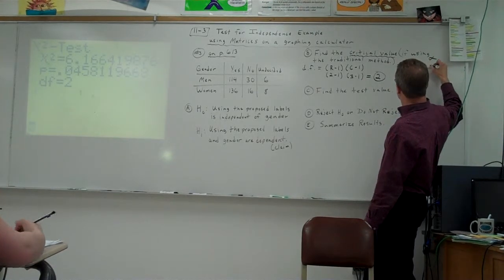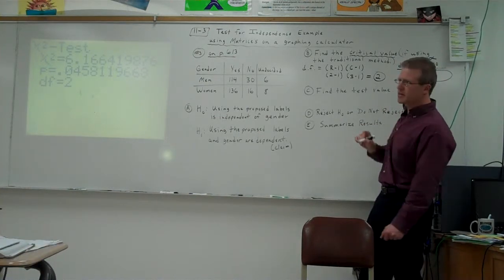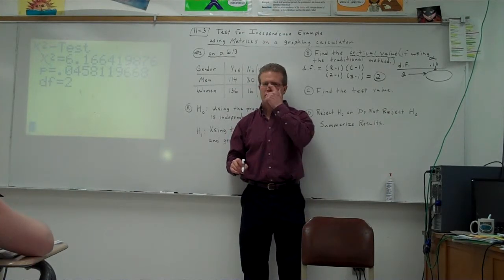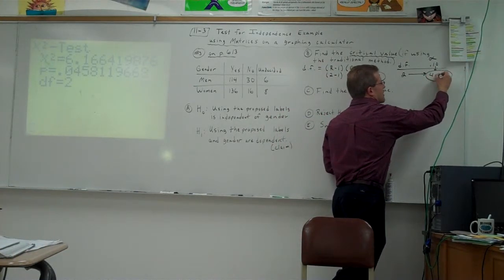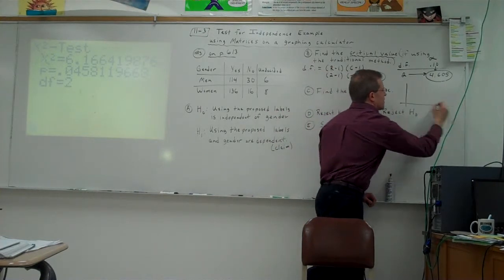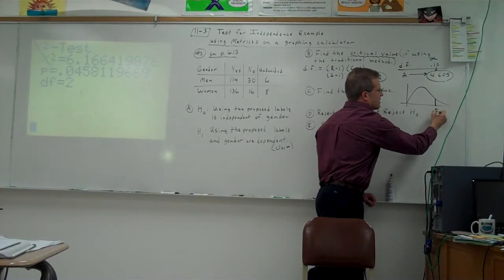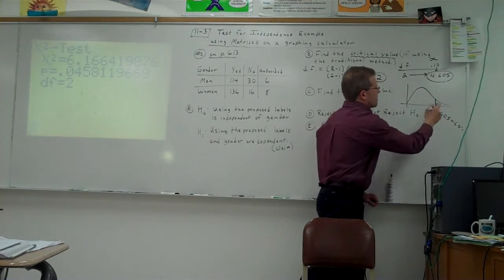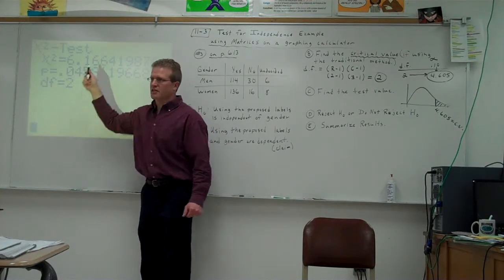For alpha, you go to 0.10. Anybody tell me what the critical value is if you look at your chi-squared chart? 4.605. Okay. So what that's saying is that, and this is always a right-tailed test, our critical value is at 4.605.